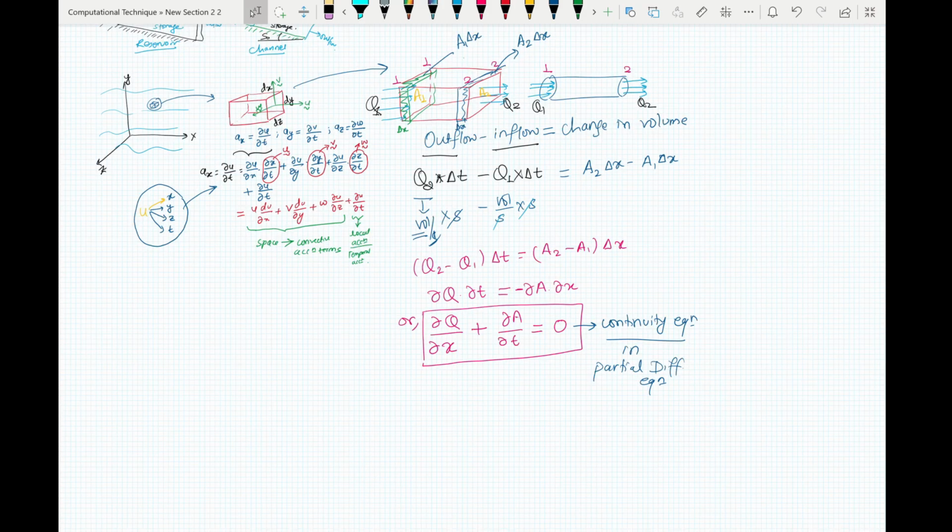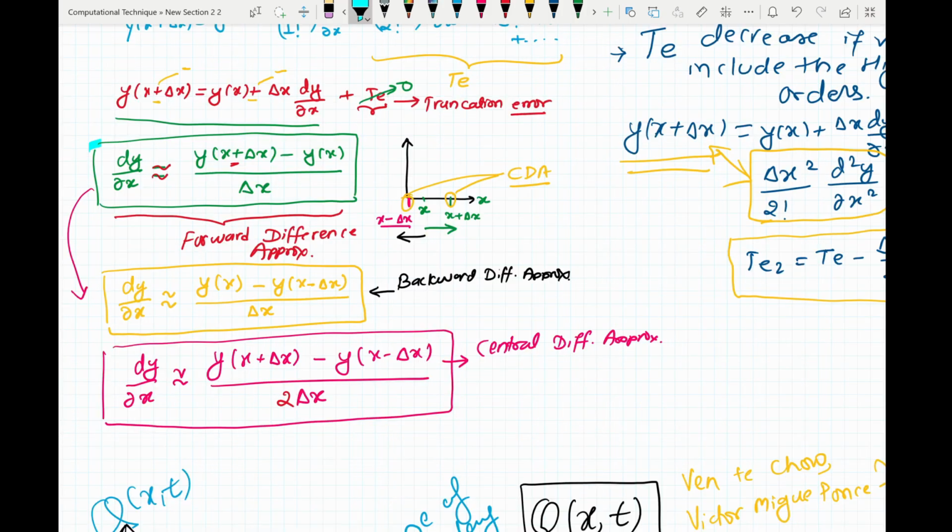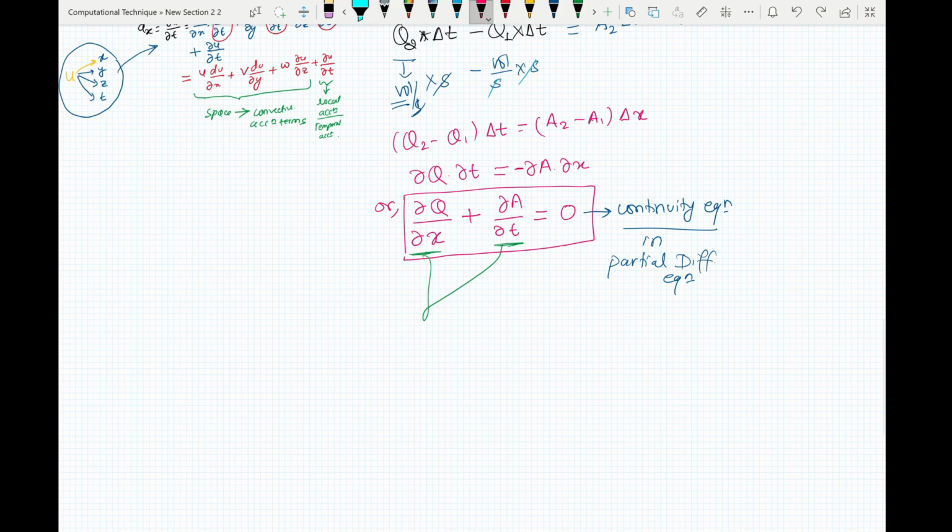Now you can solve this numerically by approximating this and this like we did before. So you can approximate these partial differential equations using finite difference equations.